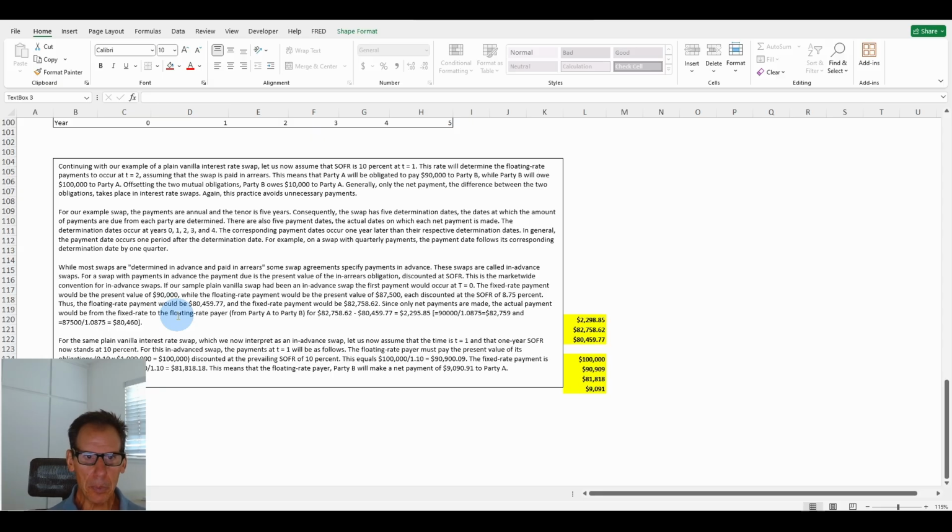If our sample plain vanilla swap had been an in advance swap, the first payment would occur at t equals 0. The fixed rate payment would be the present value of 90,000, while the floating rate payment would be the present value of 87.5, each discounted at SOFR at 8.75%.